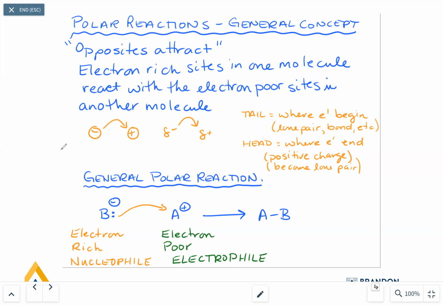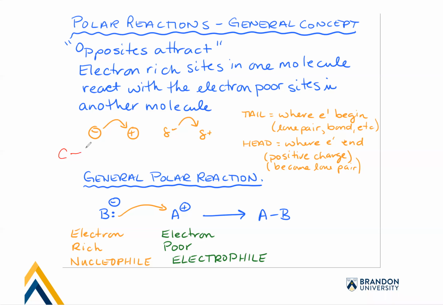So think about if we had a little H plus over here. Remember, this is methyl lithium. This bond is polarized in this direction, and so carbon has got the delta minus. Lithium is the delta plus.